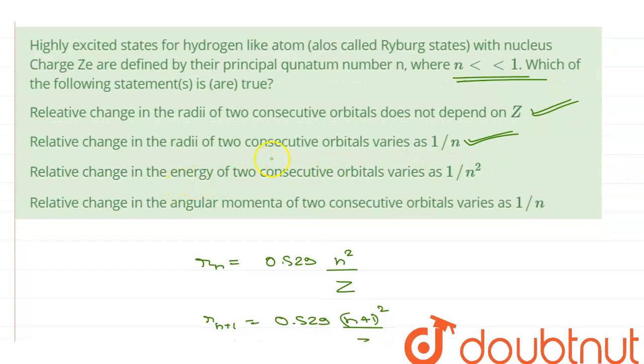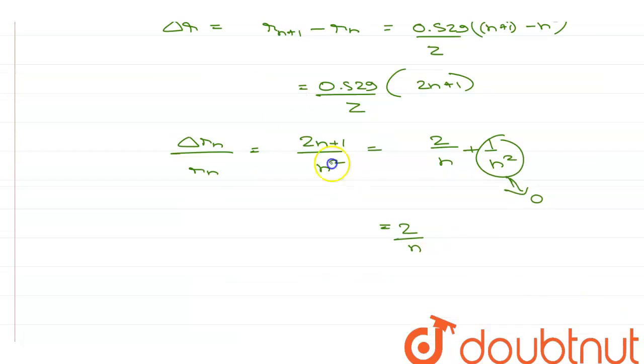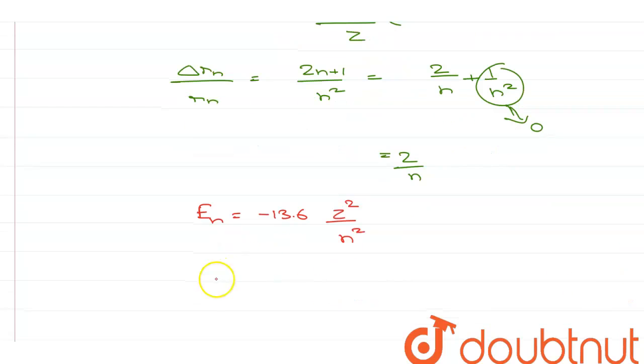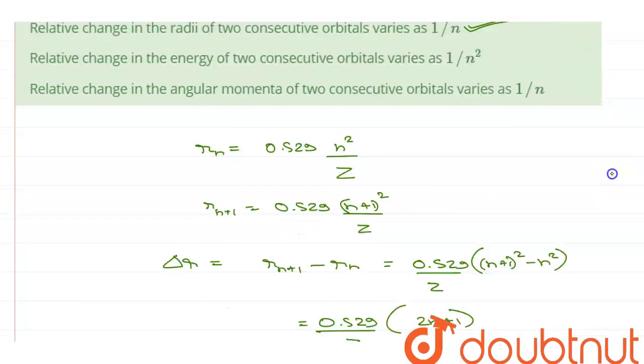The third statement talks about the relative change in the energy of two consecutive orbitals. Energy in the nth orbital is given by En is equal to minus 13.6 Z squared by n squared. So En plus 1 will be minus 13.6 Z squared upon (n plus 1) squared. Now they are talking about the relative change in the energy of two consecutive orbitals.